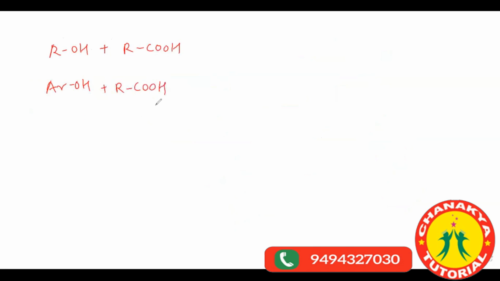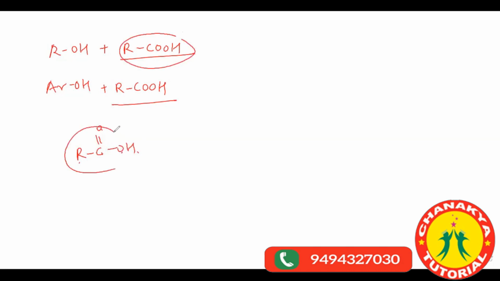Carboxylic acid. This structure is nothing but what? R, C double bond O, OH. RCOOH. Understanding? We can write it in this form. Even we can write it in this form as well. Understood? Don't get confused. Clear? Yes, ma'am.